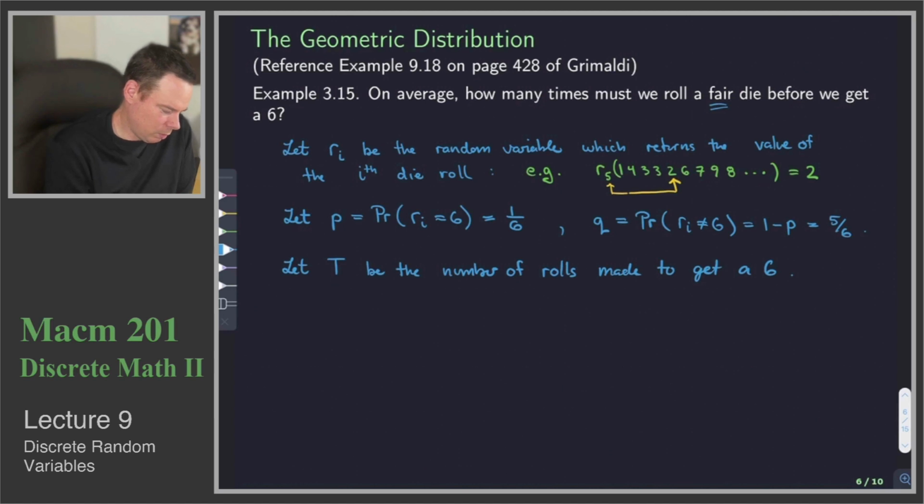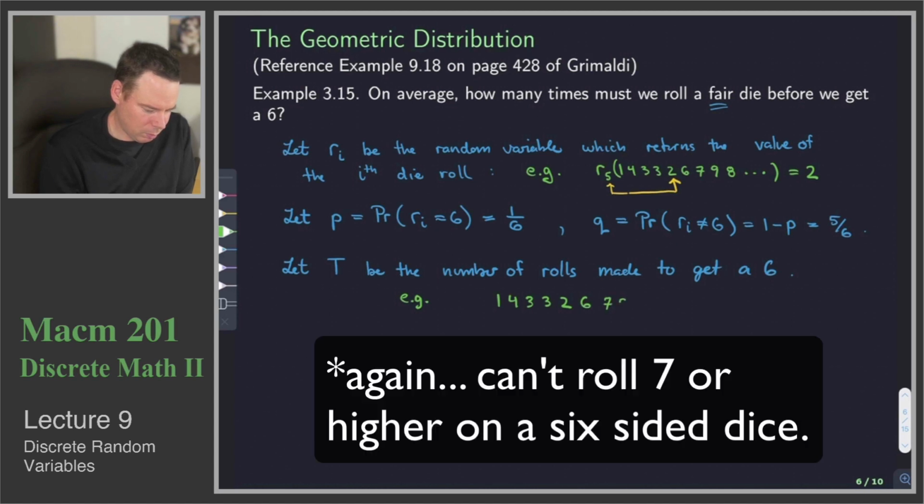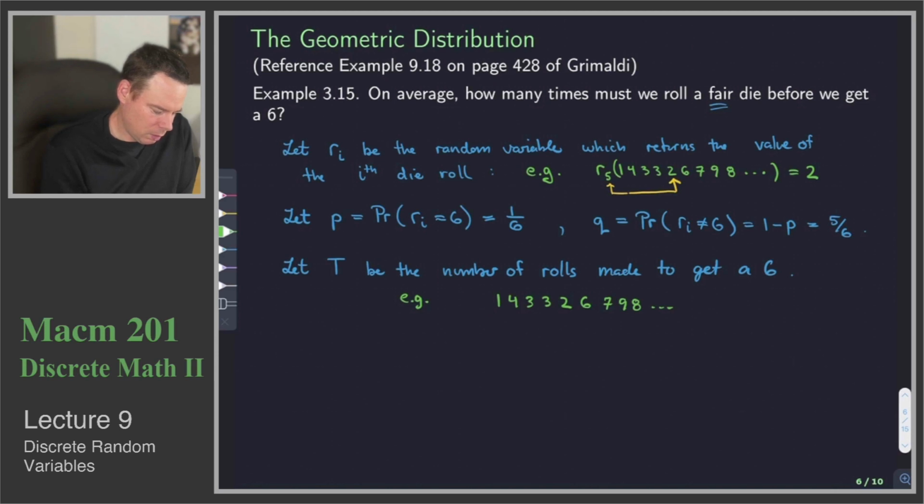For example, looking at our example above, we were doing 1, 4, 3, 3, 2. Finally, I got a 6 appearing. I'm going to include the remaining numbers, but when doing this in practice, we would stop at a 6. Here our sample space is all infinite sequences of die rolls.